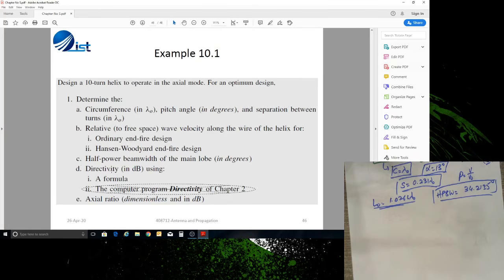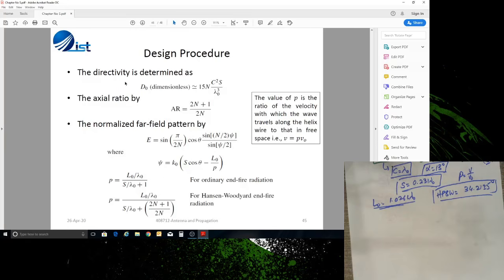Part C है, you have to find the directivity using the formula, and the part 2 is about using a computer program. So we don't need to worry about this because we're not using any computer program. So all we need to do is use the directivity formula. So directivity, again, design procedure के अंदर directivity का formula दिया हुआ, it is 15 n C² S over λ₀².